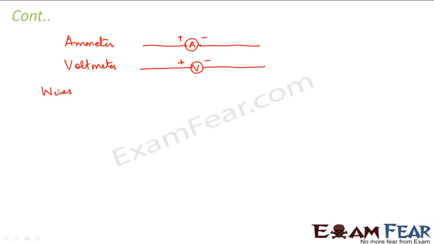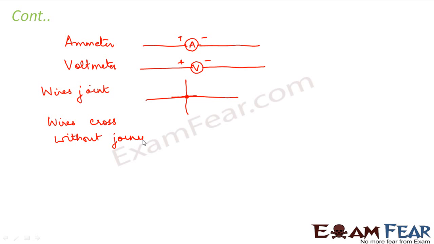Now, how do we represent wires which are joined? Let us suppose there is one wire going like this, there is another wire going like this, but these two wires are joined. That means this wire is joined to this wire. This is how we represent it. But if I want to represent that wires cross without joining, that is represented in this way.